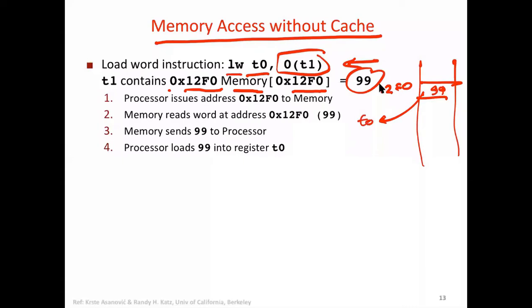So the steps here: the processor issues the address to memory. Memory reads the word at this address, which is 99, and then memory sends 99 to the processor, and the processor loads 99 into register T0. So it's very simple.